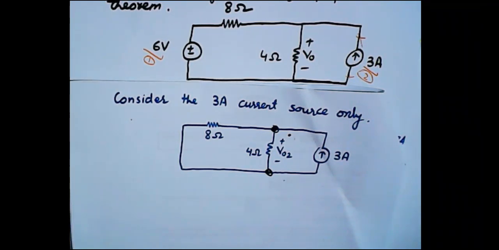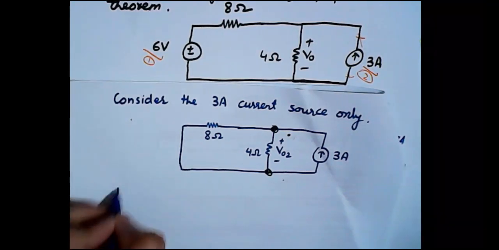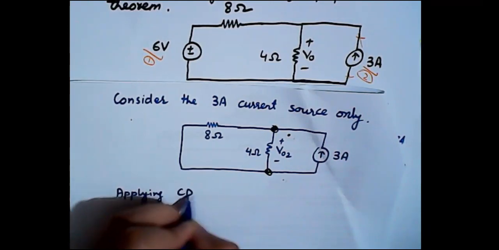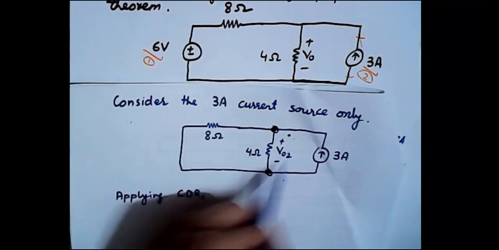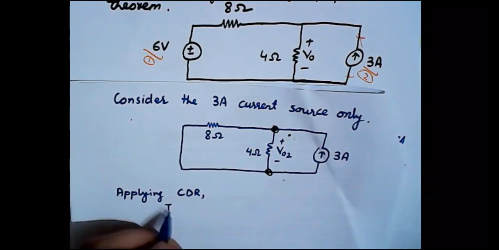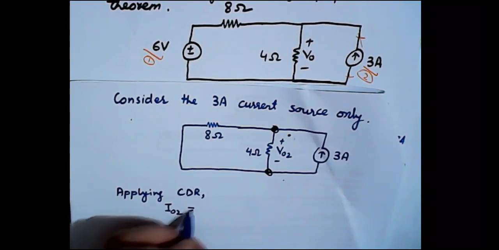So that means the CDR, current divider rule, is applicable in this case. So applying CDR, we are only concerned with the value of the 4 ohm resistance. So the current, not the voltage, because we are applying CDR, I naught 2 will be equal to how much?